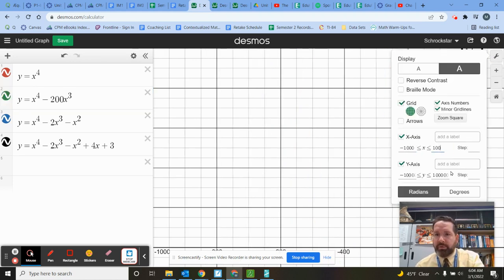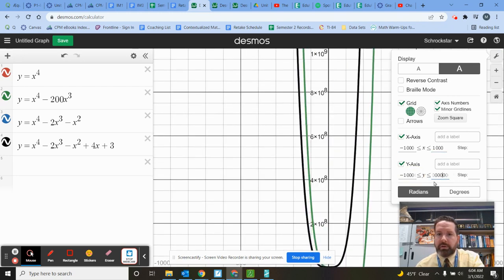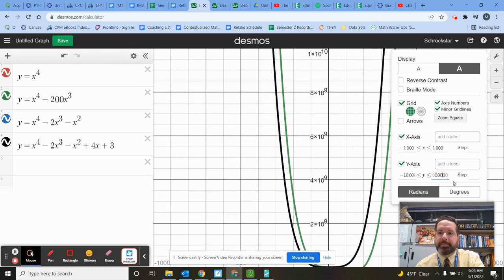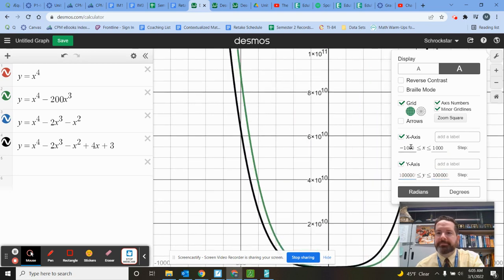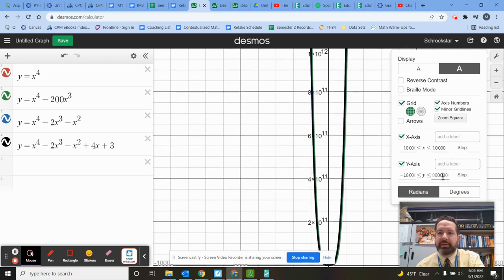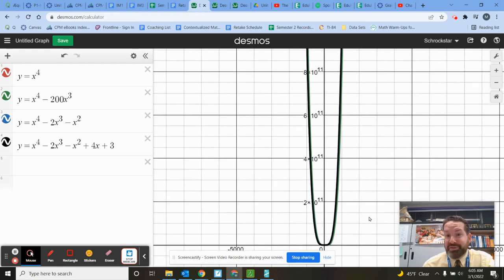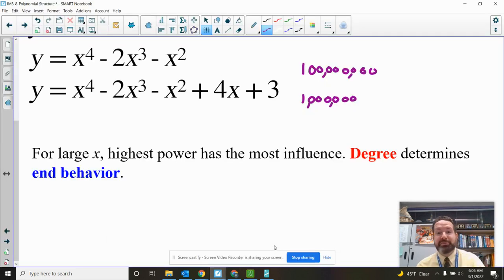Let's go out a little more, out a little more. And what we're going to see, after some window adjustments, is that if you zoom out far enough, you still can't tell the difference. So when you get to those large x's, it really is only that front term that determines what's going on. By far the most powerful term.